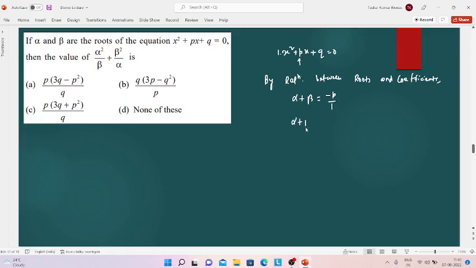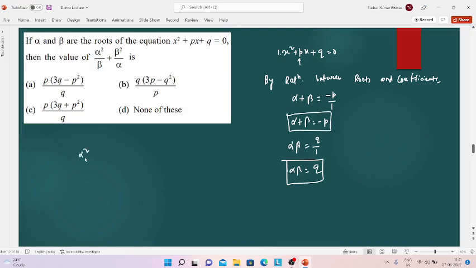So alpha plus beta will be minus p, and what will be the product? Product will be q by 1, right, c by a. So alpha into beta will be q. So we have the product of roots q and the sum of roots minus p. So here we have to find the value of alpha square by beta plus beta square by alpha.